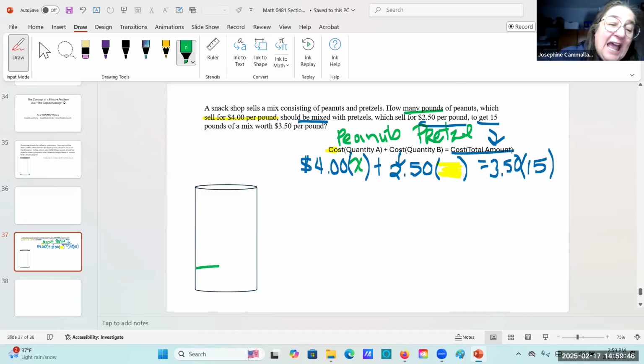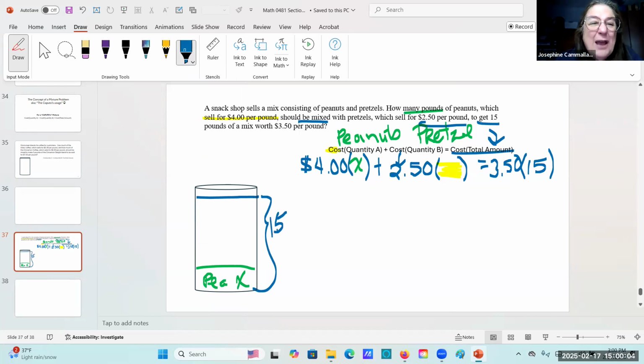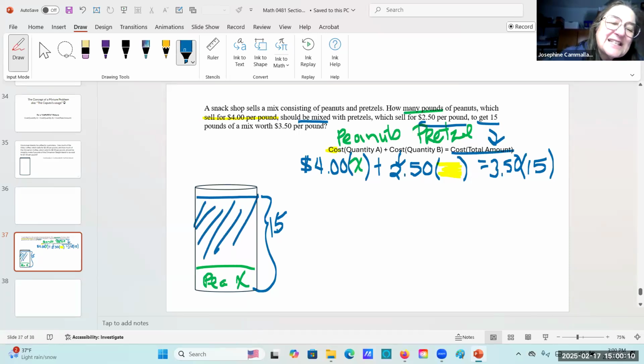I have this as my peanuts. This is X amount. But I want to fill this entire bag with 15 pounds.